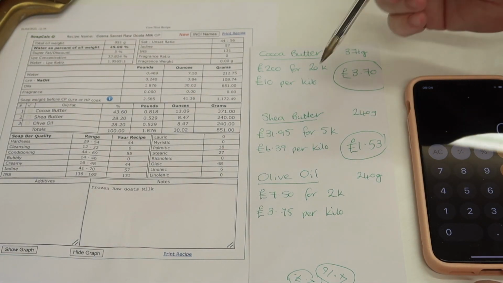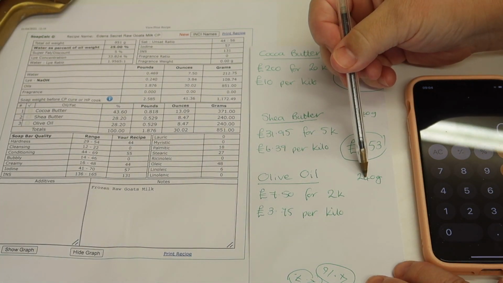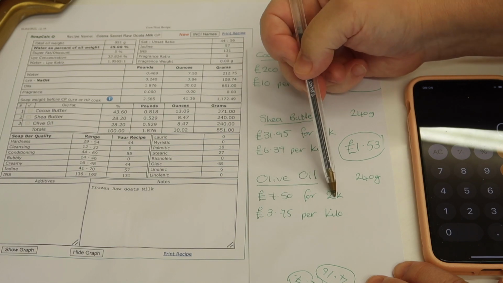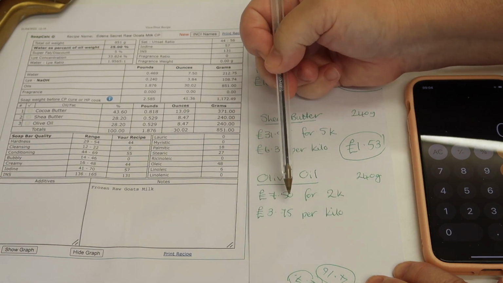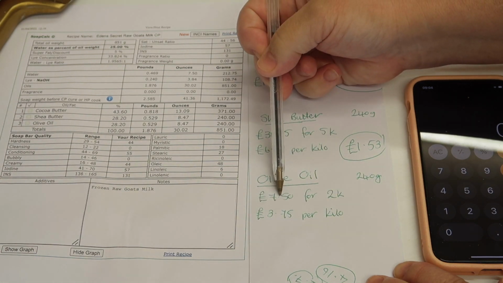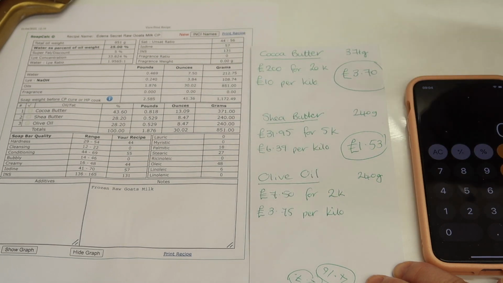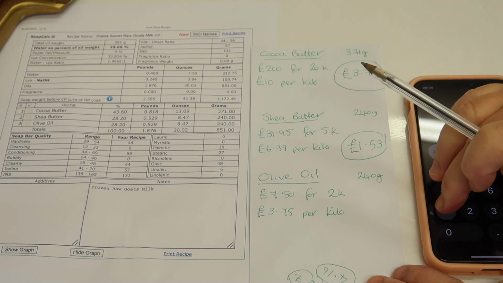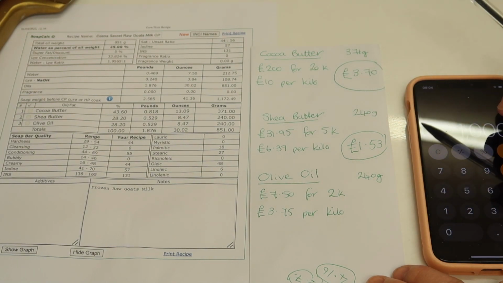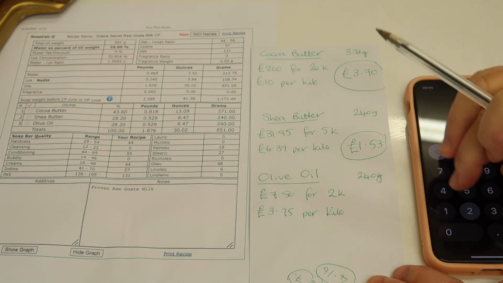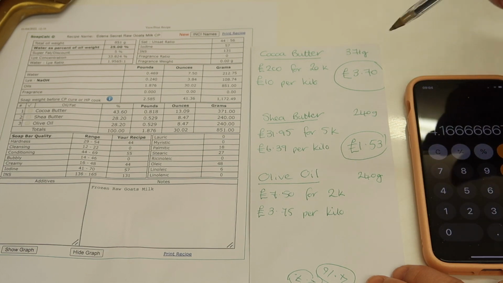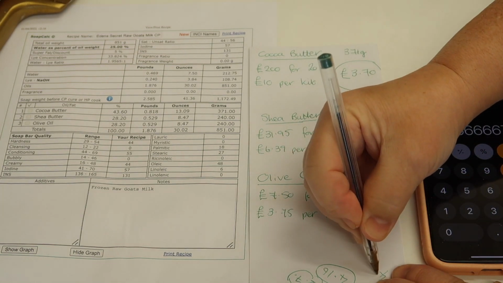Olive oil, we've got 240 grams. It's £7.50 for 2 kilos, so obviously divide 7.50 by 2, which gives you £3.75 per kilo. And then 1000 again, divided by 240 equals 4.16.